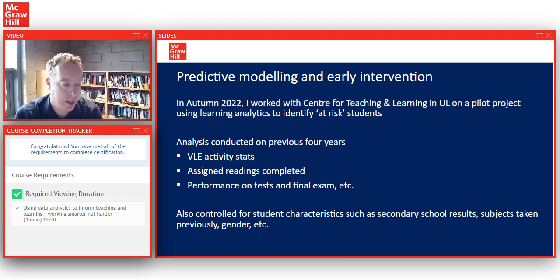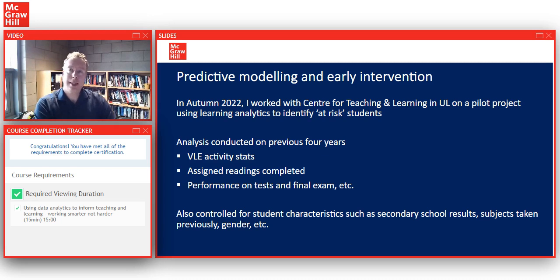So this project was a very good one in that it looked at all of the previous year's results and the VLE stats, connect activity, performance, controlling for all of the things we talked about earlier, their gender, their prior ability, what subjects they've taken, but basically analyzed all those results and then was able to create a predictive model based on student engagement and activity online in terms of how well they're going to do on the exam, using all of the previous year's data.